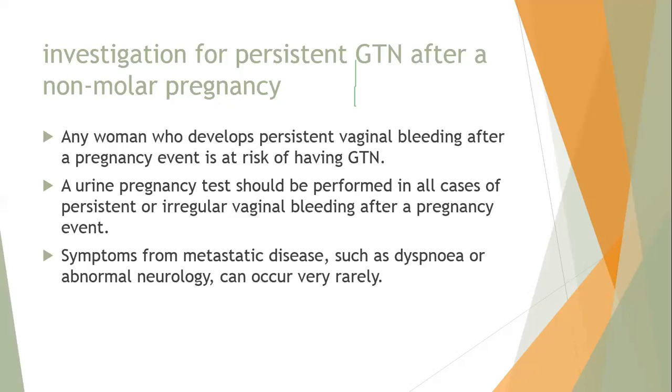So a urine pregnancy test should be done in any case with persistent vaginal bleeding, as this is the most common presentation of GTN, and this came as a question before. Or if she developed symptoms from metastasis like dyspnea or abnormal neurology, she must also be investigated for GTN.